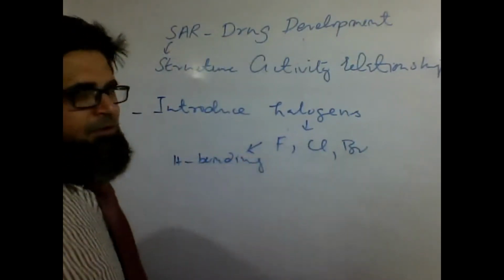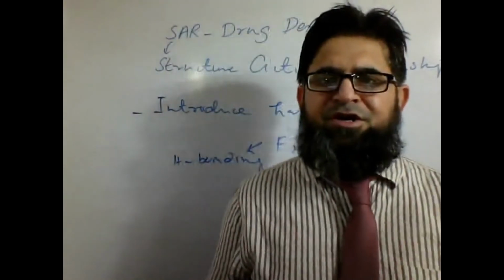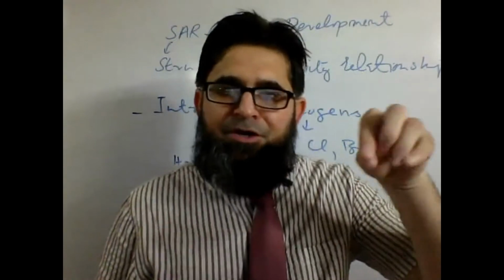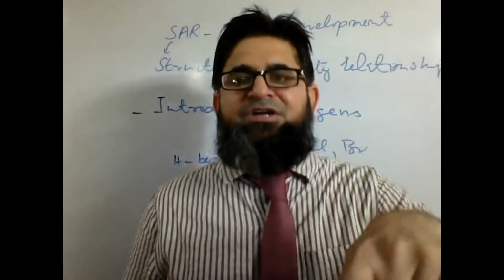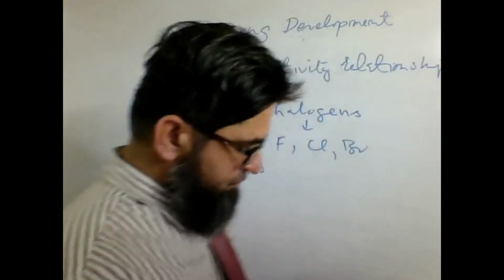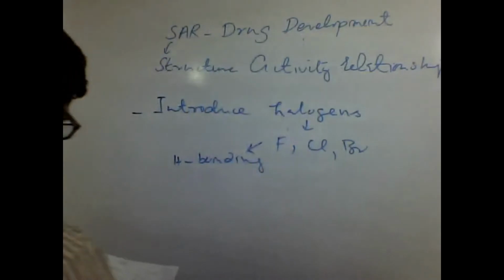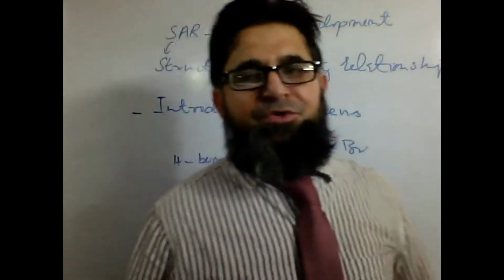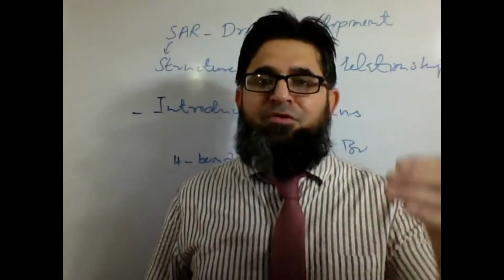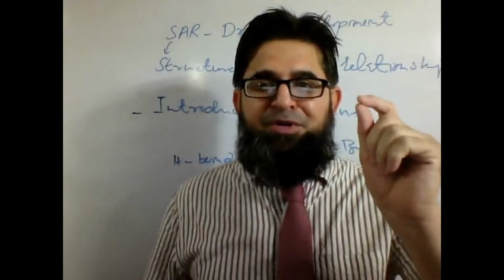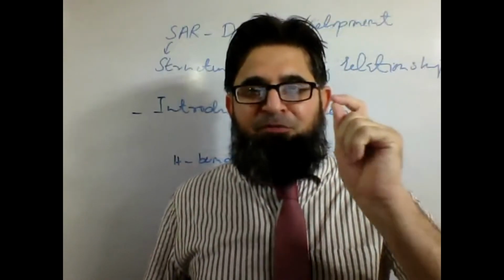Okay, such groups are introduced either into the ring or into the side chains as per the requirement, as per the structure of the target molecules. Okay, so these are a few of the areas which you need to know, that is how a lead molecule could be converted into a drug molecule, you know, by doing minor structural modifications.